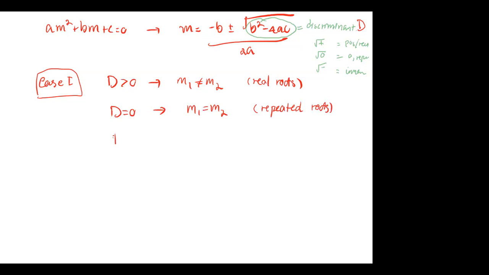And for D less than 0, you have m1 and m2 as conjugate complex numbers. And the notation for those, they use alpha plus minus beta i, or a plus minus bi, either one. I prefer a and b, but it doesn't matter. Anyway, one is the real part, the other one is the imaginary part.